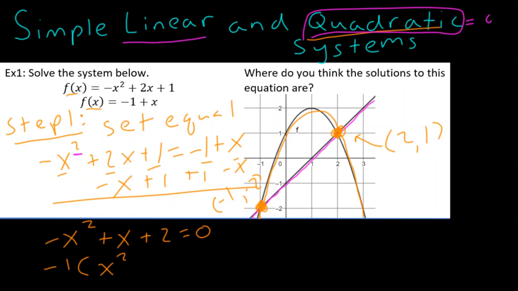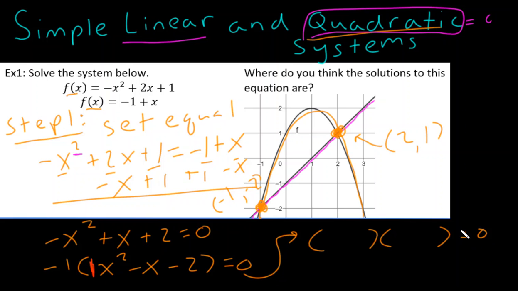So positive x becomes a negative x, and a positive 2 becomes a -2 equal to 0. Now, of course, since my a term here is 1, let me draw this in red just so you know I'm highlighting it. Since my a term is 1, I can attempt to simply factor these things. So what would that look like? Well, I'll break this down into 2 factors equal to 0.